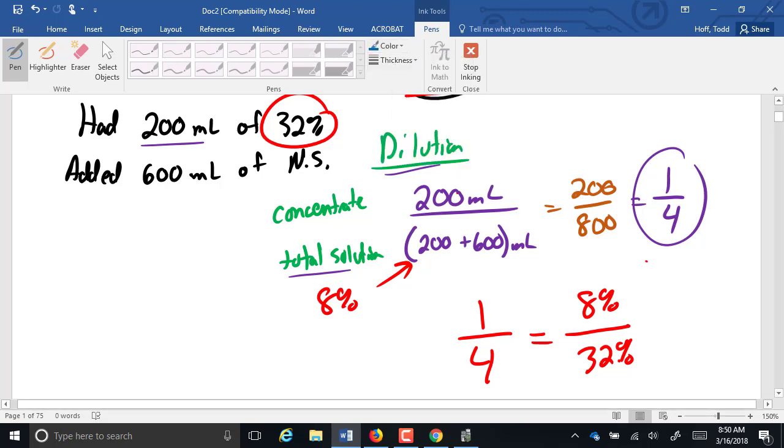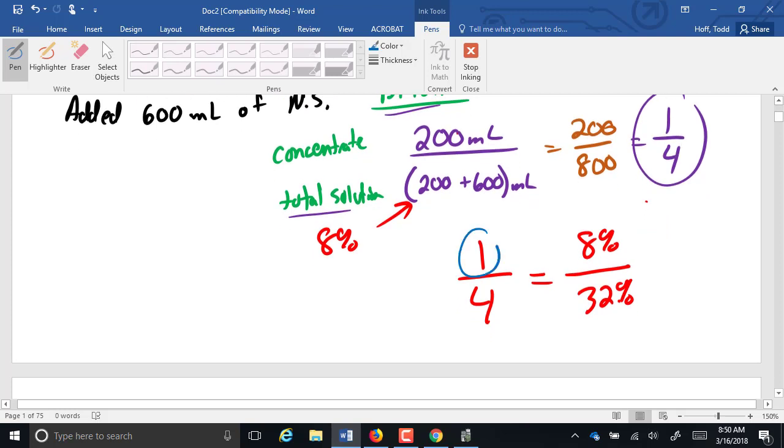Now, this is a little bit confusing, and let me show you why. Because our dilution, the 1 represents the volume before we diluted it. I'm going to call that volume 1. The 4 represents the total volume after we diluted it. I'm going to call that volume 2. On the other side, the 8% represents the concentration after we diluted it. That's the second concentration. We'll call it concentration 2.